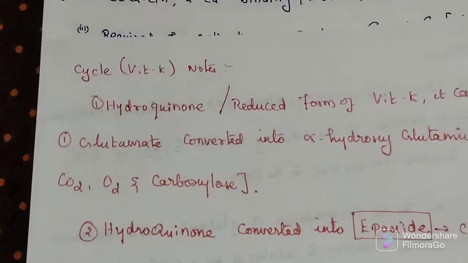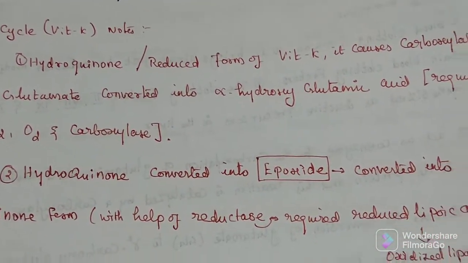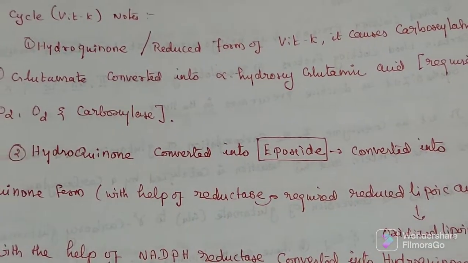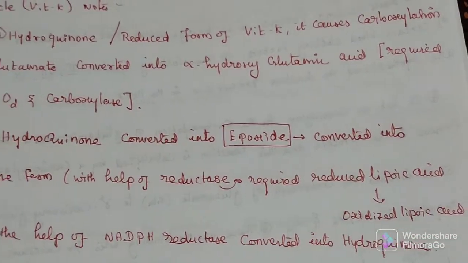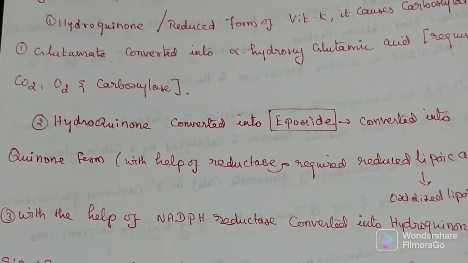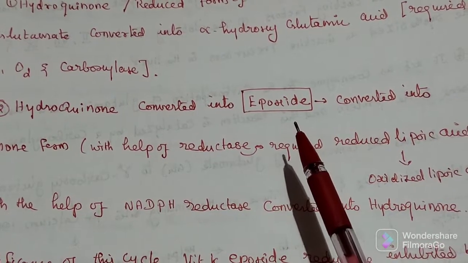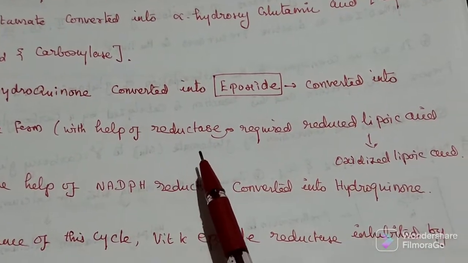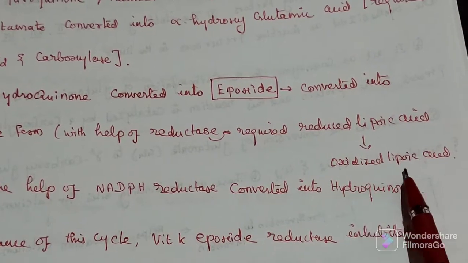This one is the vitamin K notes format. The hydroquinone or reduced form of vitamin K causes carboxylation, in which glutamate is converted into gamma carboxyglutamic acid. It requires carbon dioxide, oxygen and carboxylase. Then hydroquinone is converted into the epoxide vitamin K form. This is converted into the quinone form with the help of reductase. It requires reduced lipoic acid converted into oxidized lipoic acid.